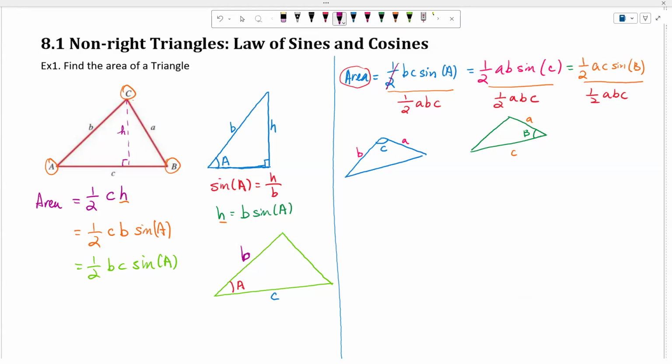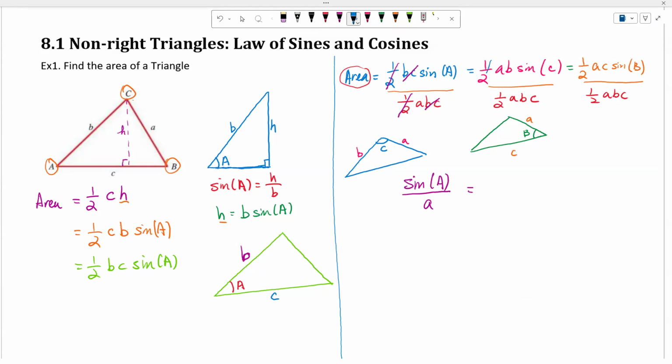And let's see, 1/2 and 1/2 cancel. B and C cancel. So for the first term, I have this ratio, sine of A over A. Let us look at the middle term.